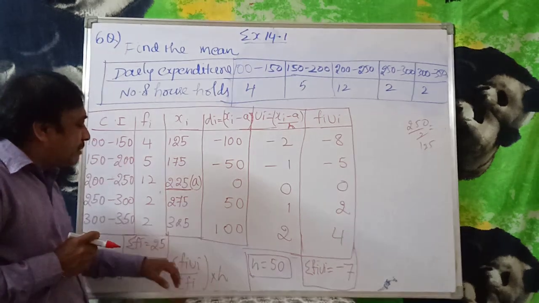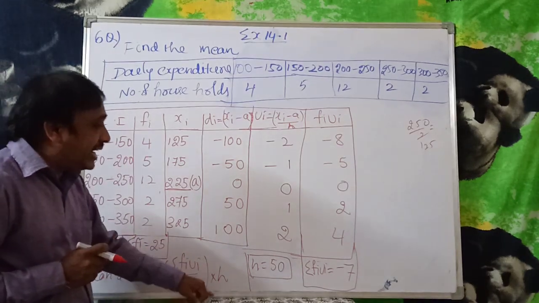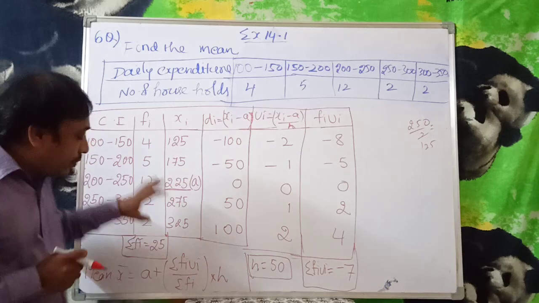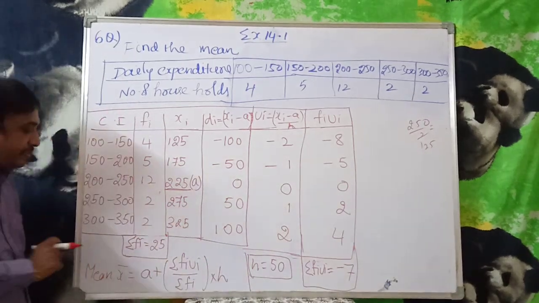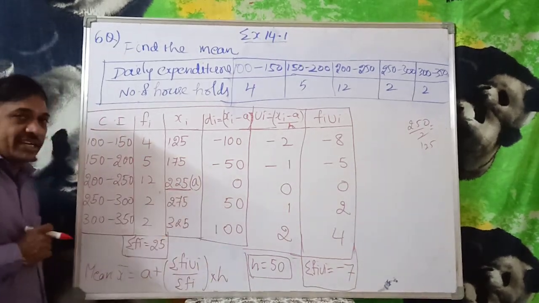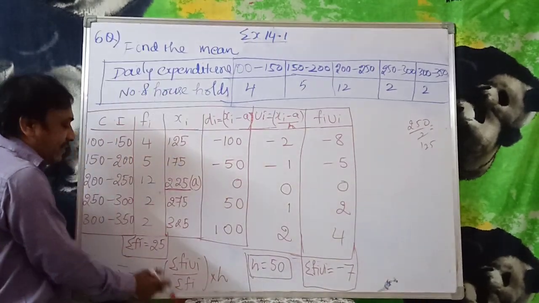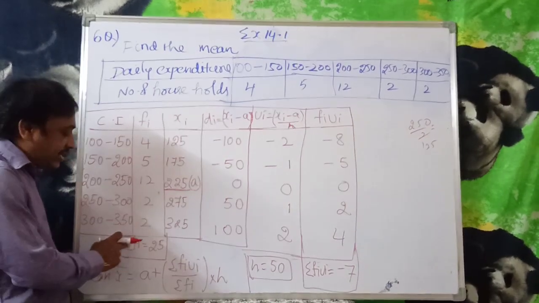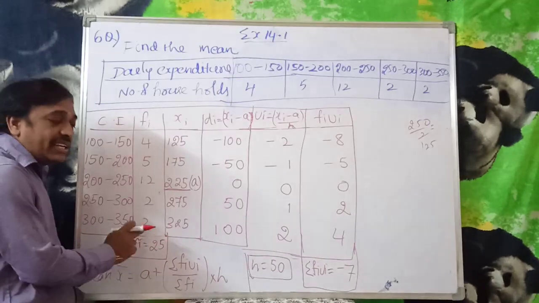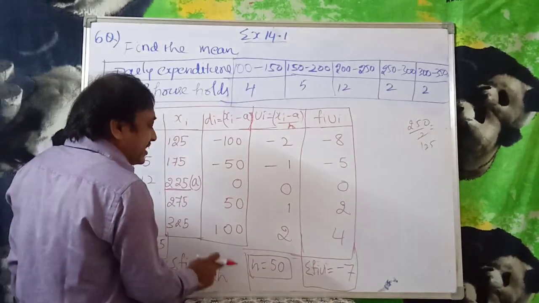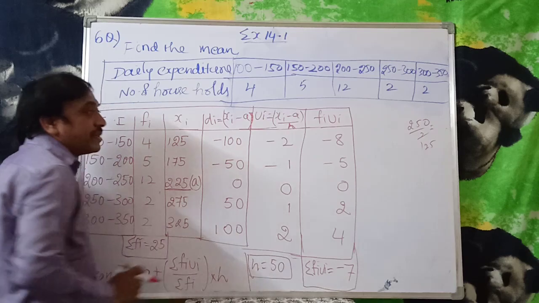We know all the values from the table. a value is 225, sigma Fi ui is minus 7, sigma Fi, the total frequency, is 25, and h is the class size, which is 50.